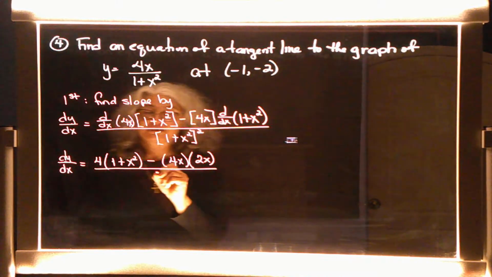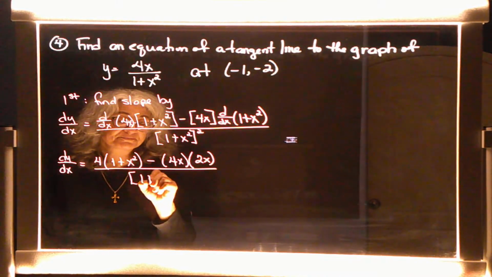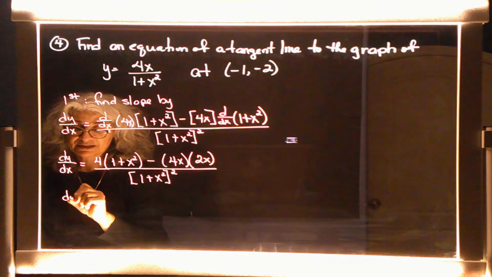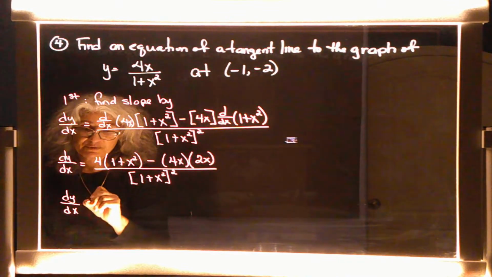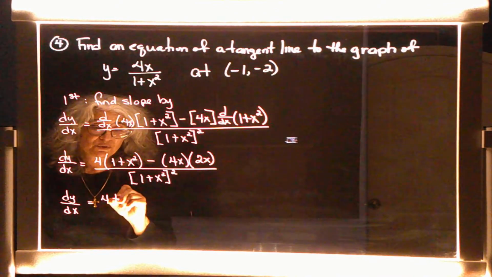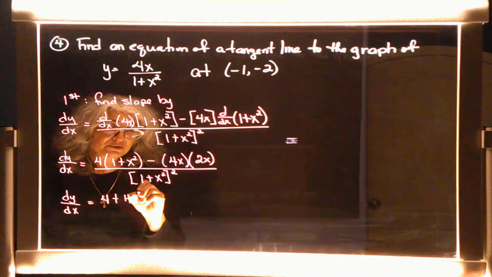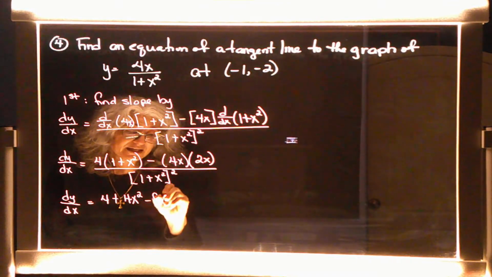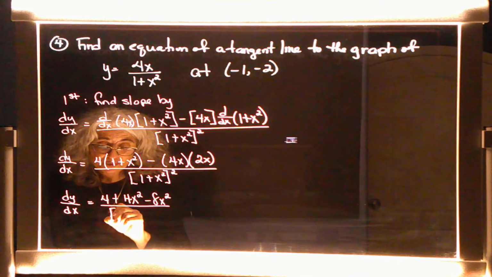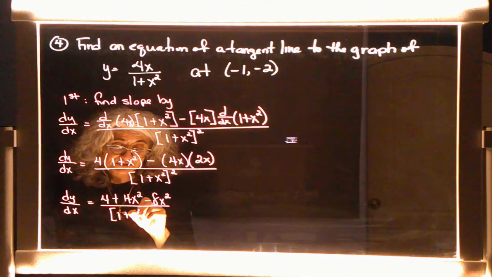All over the denominator squared. All right. Again, the algebra is what we have to be careful of. So when I do my distribution, looks like I got 4 plus 4x squared minus 8x squared over that denominator squared.